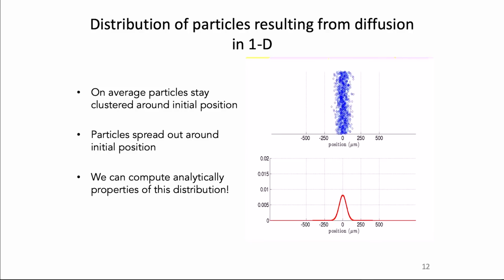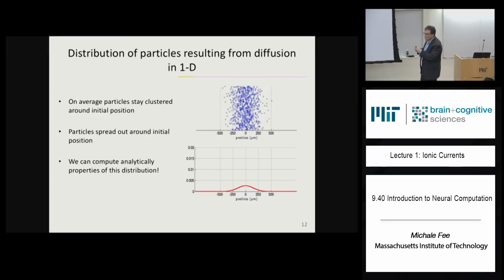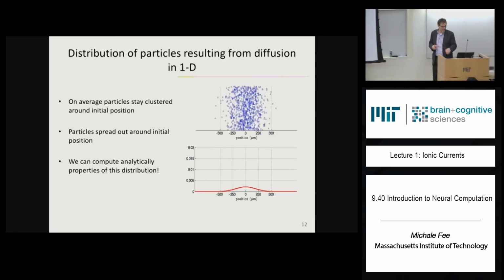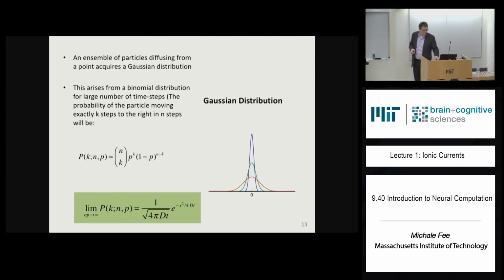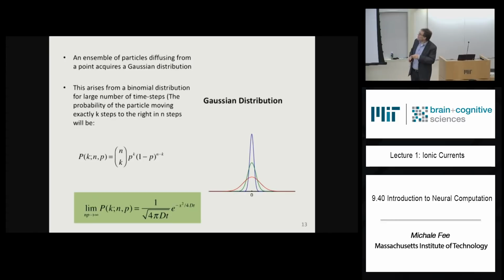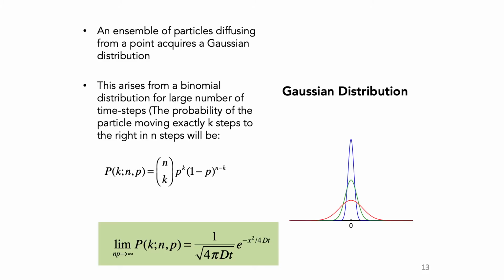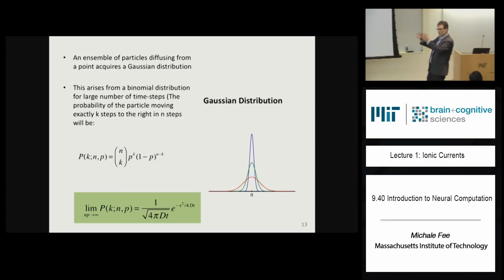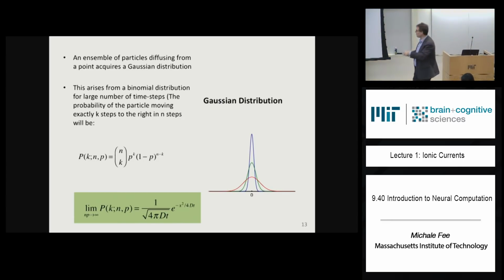You can see that some particles end up over here on the left. Other particles end up over here on the right. You can see that the distribution of particles kind of spreads out. And we're going to figure out why that happens. The first thing I want to tell you is that if the particles all start at 0 and diffuse in 1D away from 0, the distribution that you get is Gaussian.